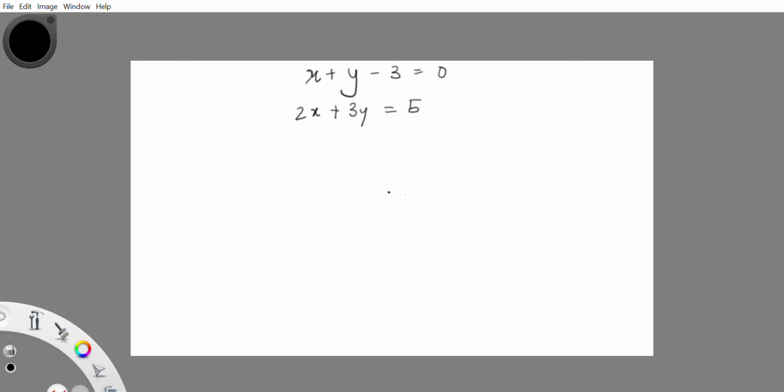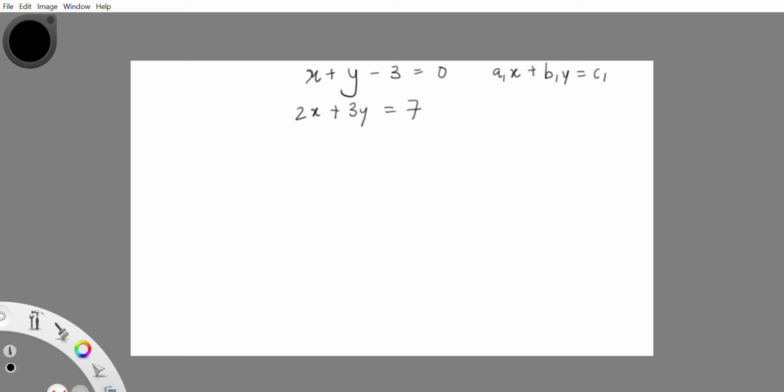Pardon me, it's not 5, it's 7. Now here, as we do in Cramer's rule, the first thing we do is compare the equations to a standard form. So let's do that. In the first, I have a1x plus b1y is equal to c1.